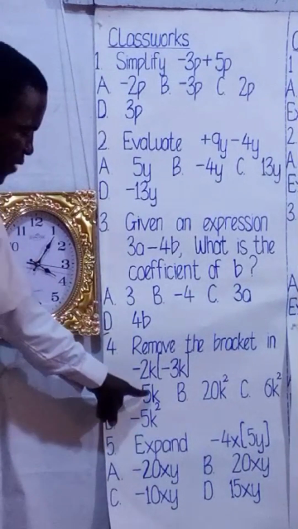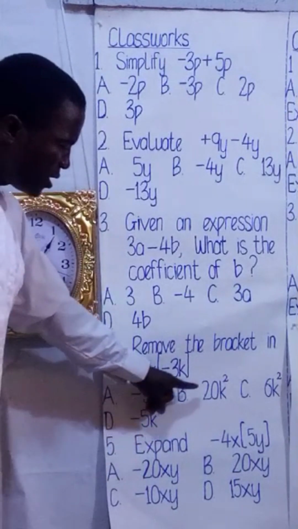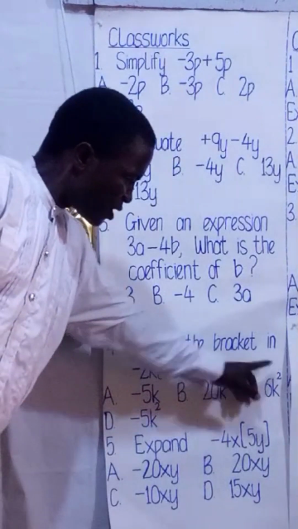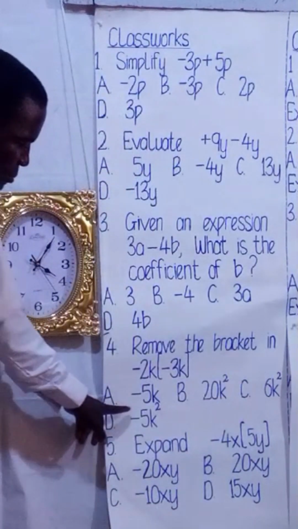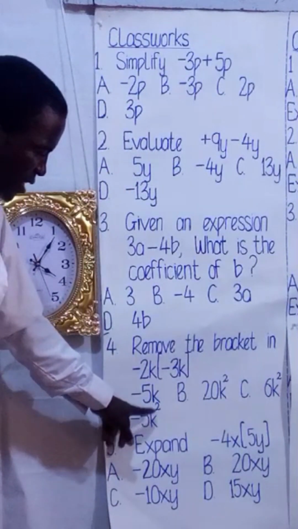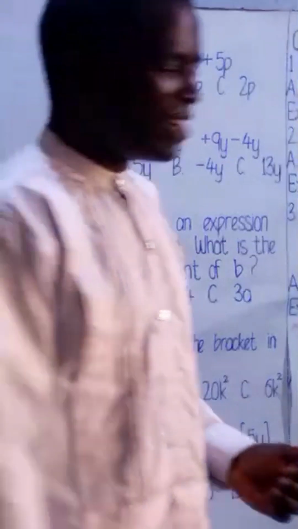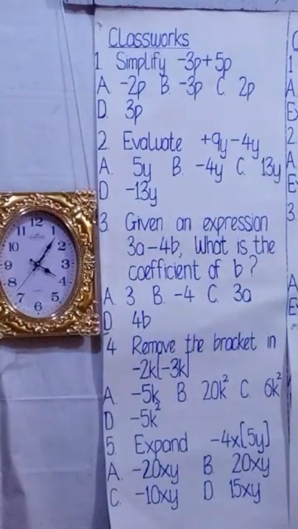Option A, minus 5k. Option B, 20k squared. Option C, 6k squared. Option D, minus 5k squared. So you have just 1 minute. Solve it very, very fast.